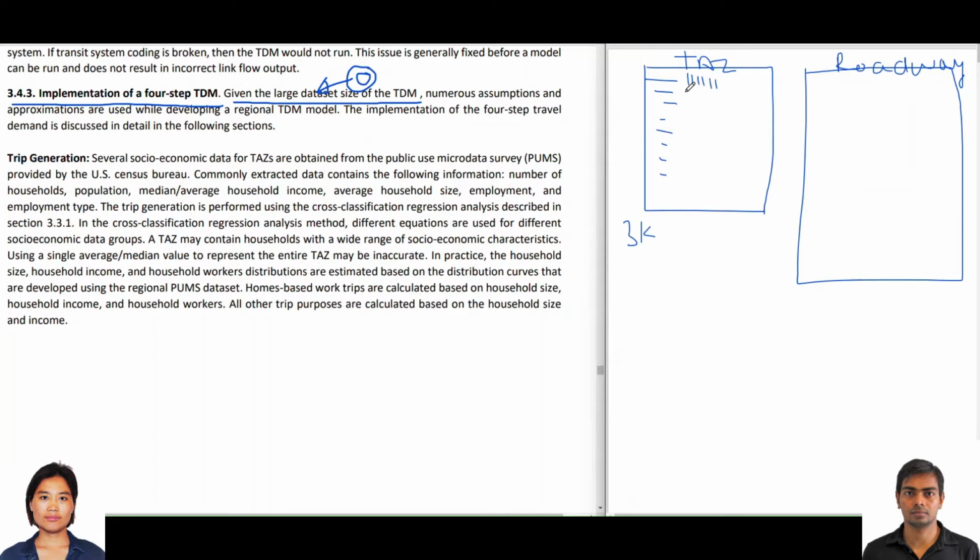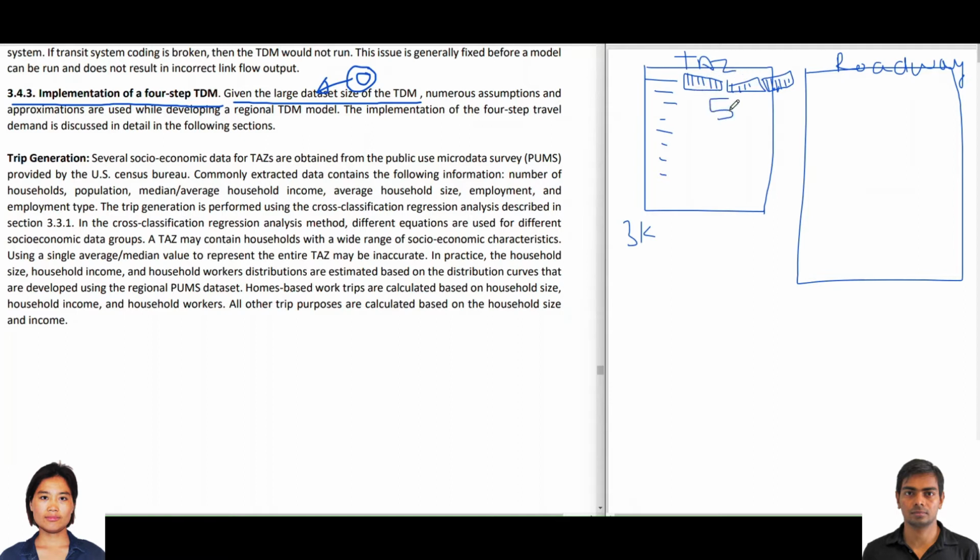So let's say household size, employment, number of households, population, and there are many other attributes, and these attributes are repeated for the existing year, then repeated for the interim year, and then repeated for the future year, because the household size and all the information might change between years. So it creates a lot of data points.